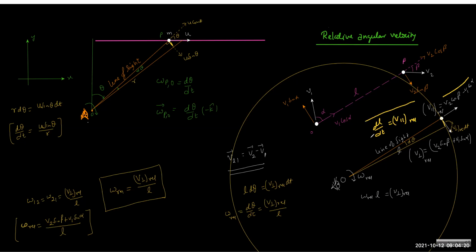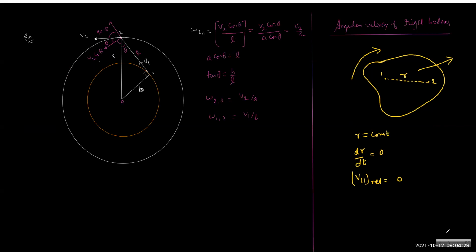Now, once we go from this particular question to a rigid body, the dl by dt will vanish. And that is the core idea behind the regular question and the question related to rigid bodies, that the two particles cannot separate or cannot come closer.